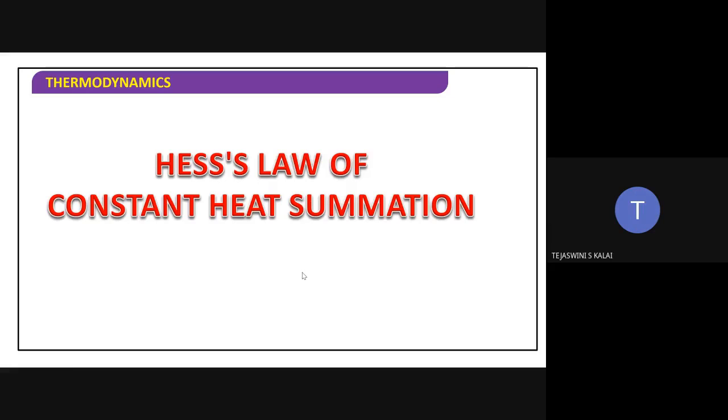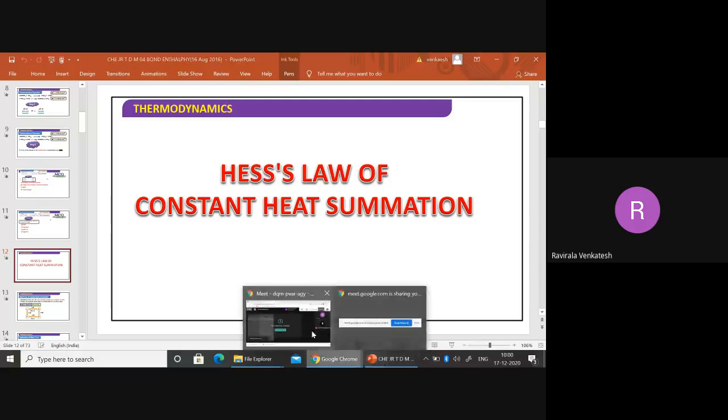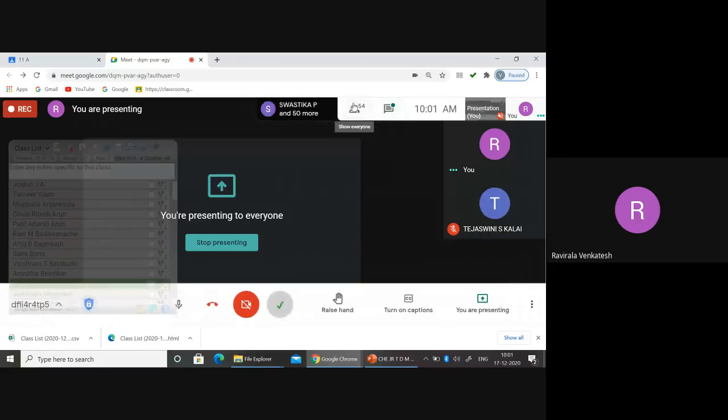Yes, sir. Our bio class is there at 10 a.m. today. Okay, beta. You can leave now. How many are there? Sir, 5 students. All are present now. Let me check.